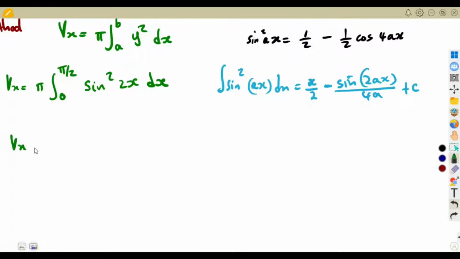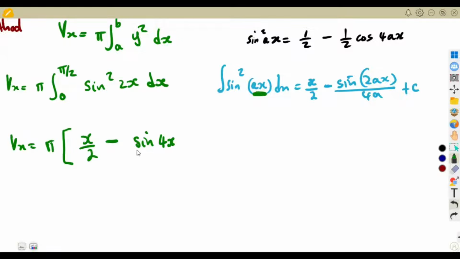The volume with respect to x is going to be pi times the answer that we get after integrating this. So the answer is supposed to be x/2 minus sine 2ax. Our ax is 2x, so here we have 2ax, meaning we multiply this by 2. So 2 times 2 will be 4x.